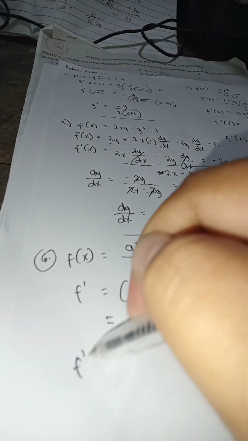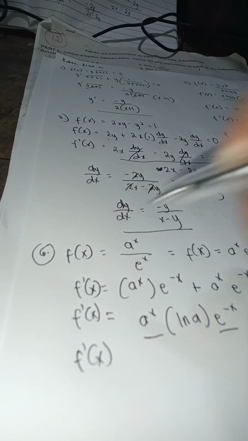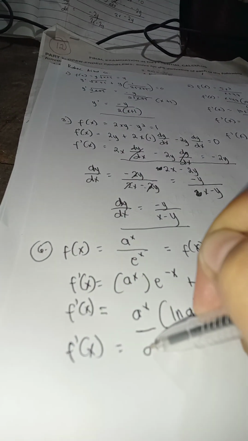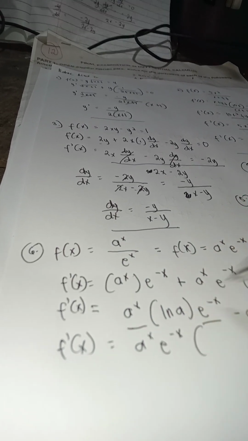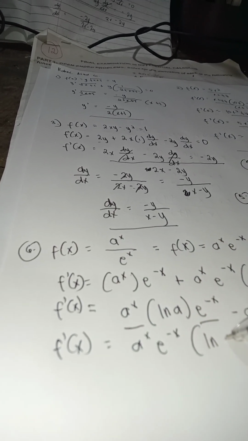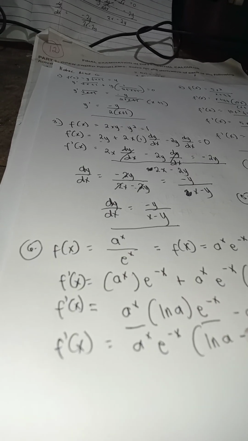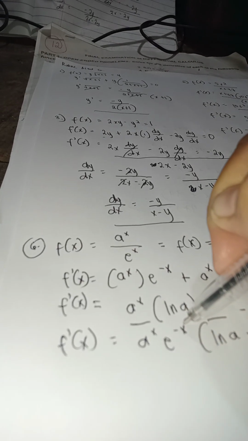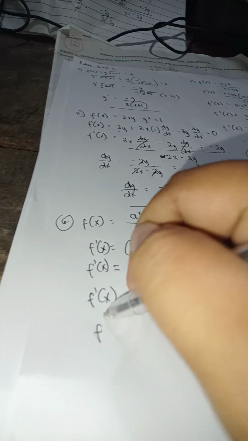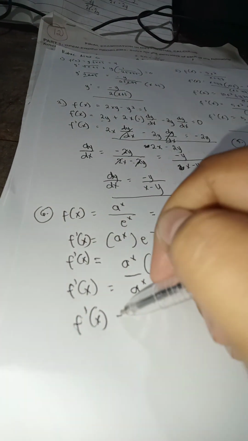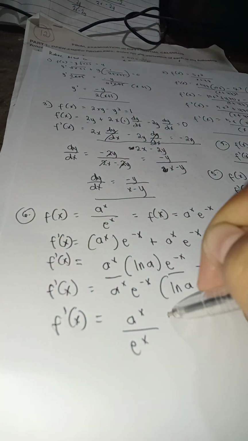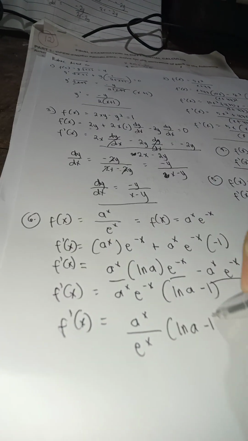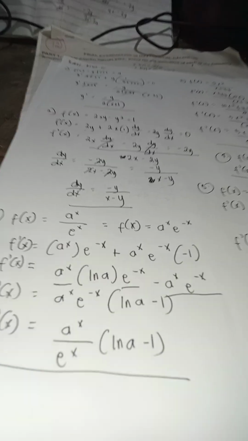So f prime x equals e to the x, e to the negative x times the ln a minus 1. Since there is a negative exponent, we put it in the denominator. So e to the x over e to the x times the ln a minus 1. So this is our final answer.